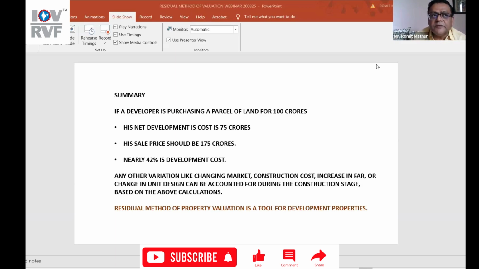Because as I said in the second case study, the project is largely financed. The developer is putting only 20% money. 80% of the land is financed, the construction cost is financed. So when the project starts selling during construction or during the void period, then that is deducted from the net principal value of the interest amount.